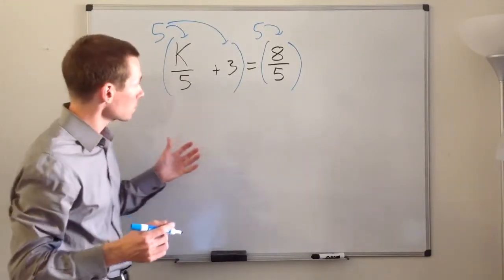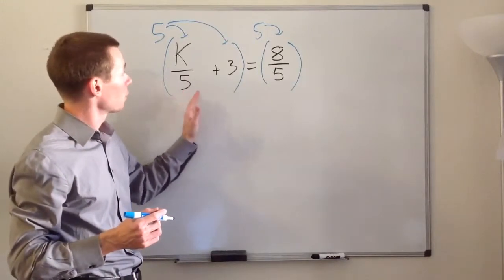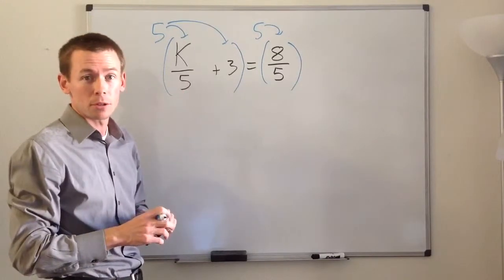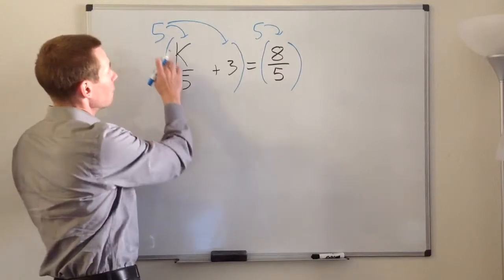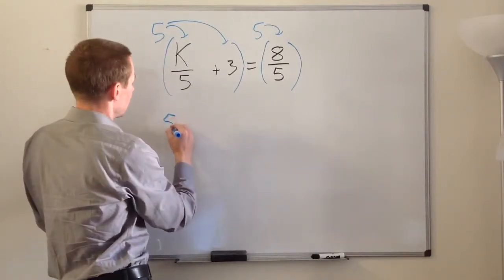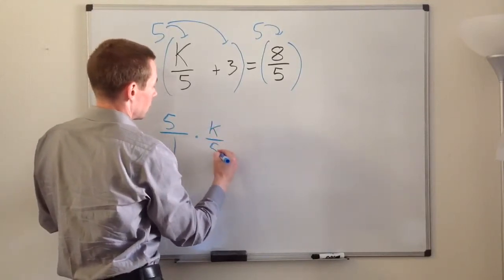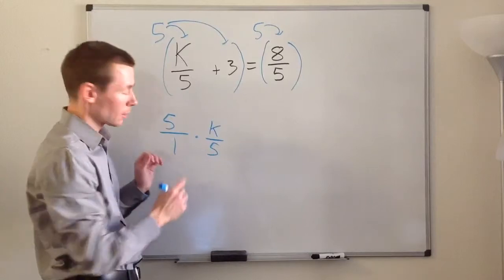Okay? So we're going to distribute the 5 to the k over 5, and we're going to distribute the 5 to the 3. Well, 5 times k over 5 is really 5 over 1 times k over 5.